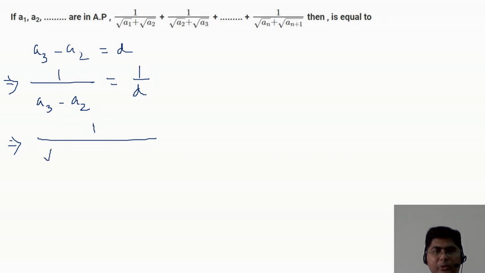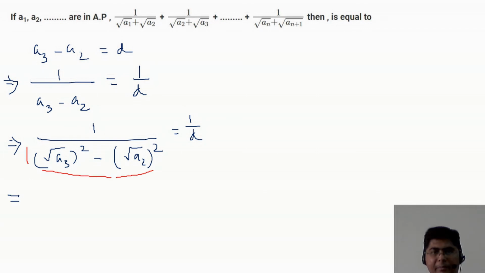Root a3 whole squared minus root a2 whole squared is equal to 1 by d. As you know, this can be expanded with the a squared minus b squared formula, that is, (a minus b) into (a plus b).